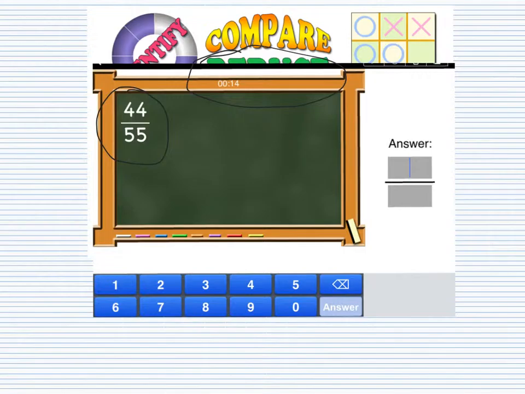So you divide 44 by 11 and 55 by 11, and that would come out to be 4/5. Since I'm not in the app, I can't type it, but there's a keyboard like in the compare and the identify categories where the students can type in the numbers.